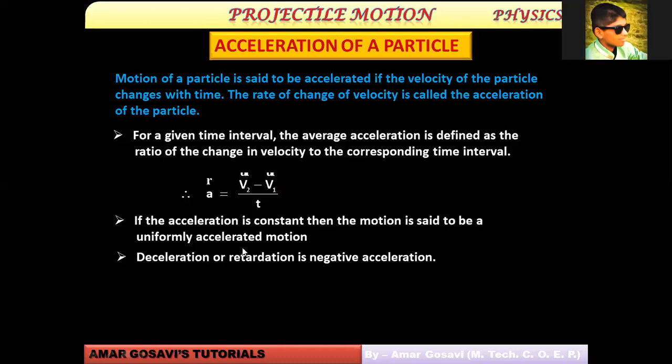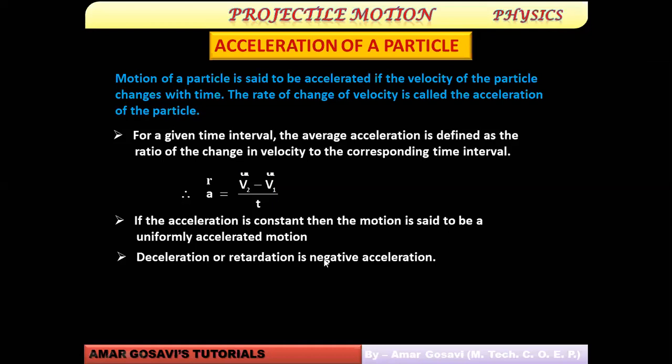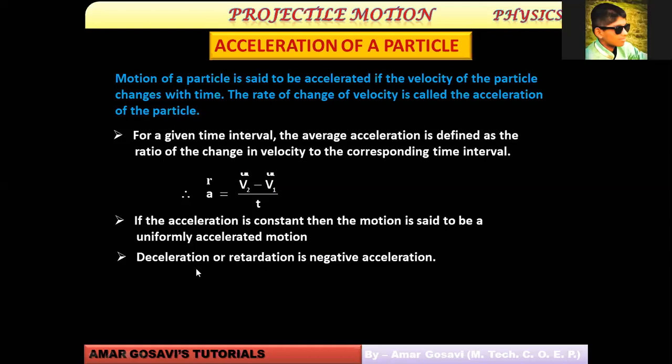That is termed negative acceleration, also called retardation or deceleration. The best example is when brakes are applied by the driver of a train to stop it; the train undergoes deceleration.